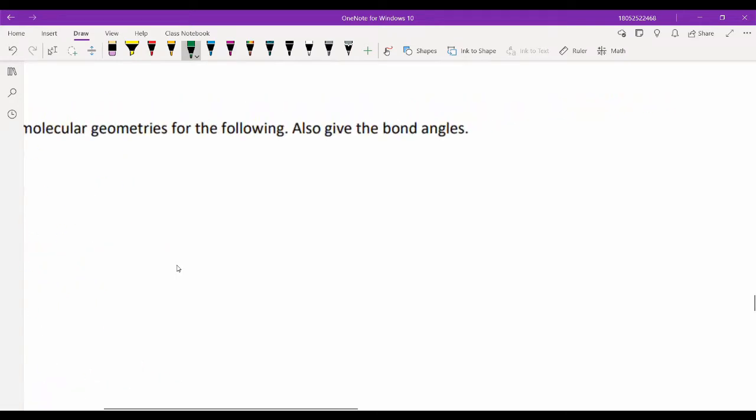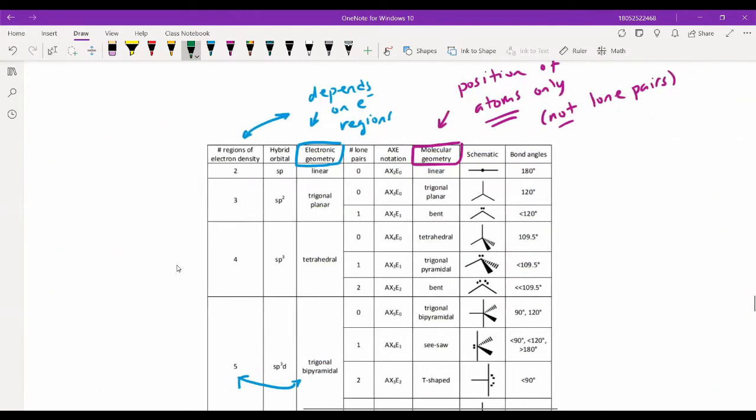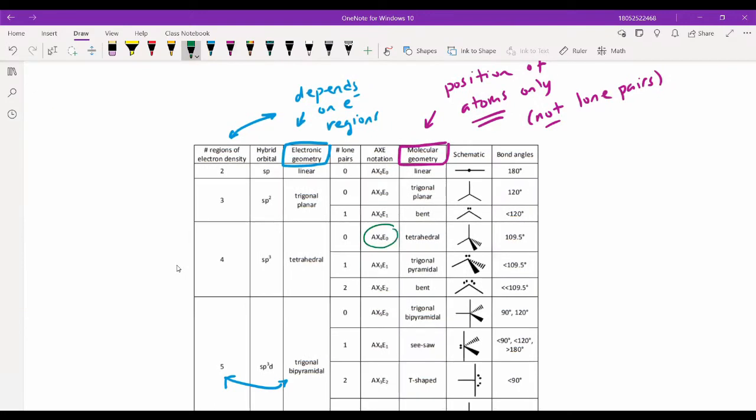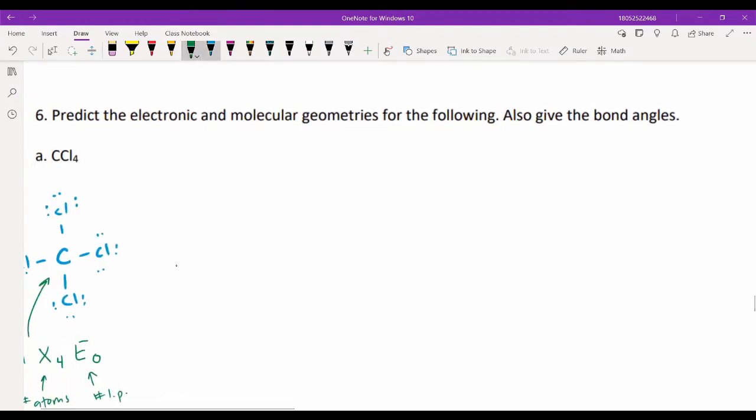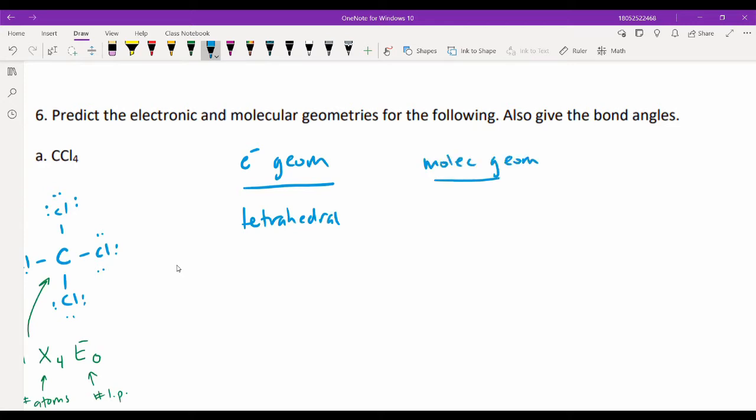Okay, so then again, we can go here and find that the electron geometry and the molecular geometry are all going to be tetrahedral. So, electron geometry, tetrahedral, and molecular geometry, tetrahedral.